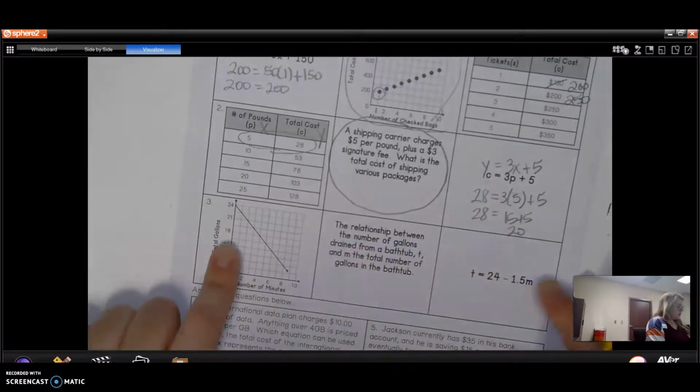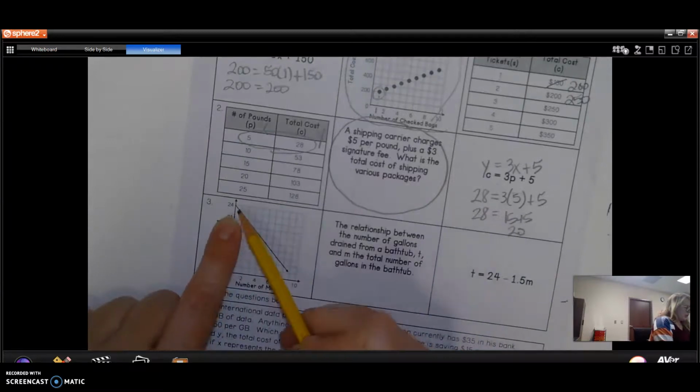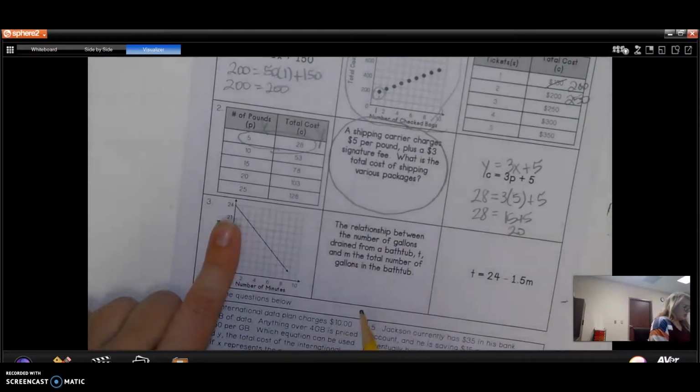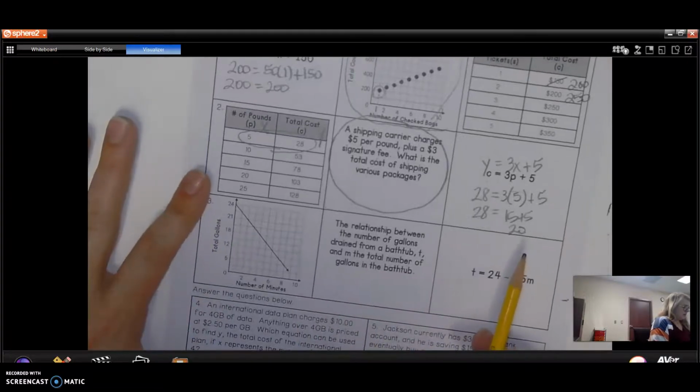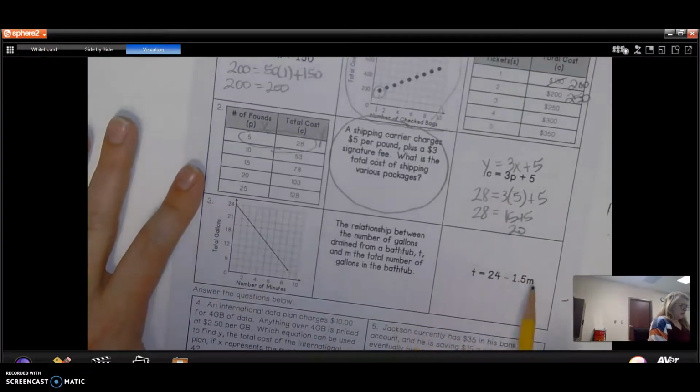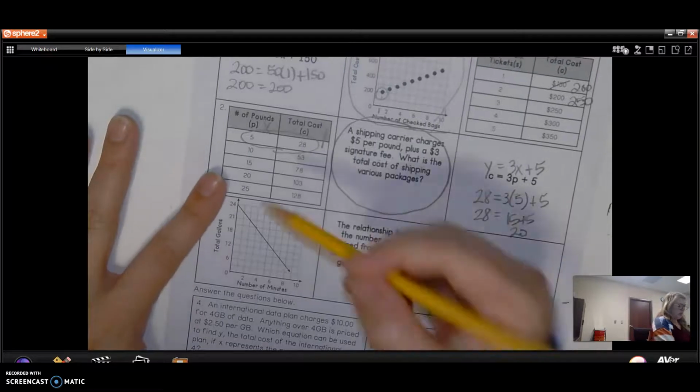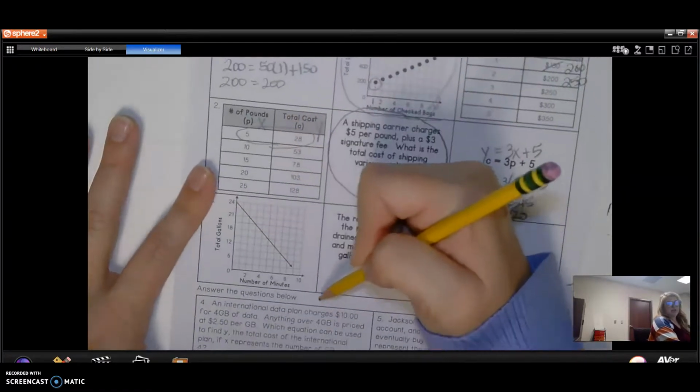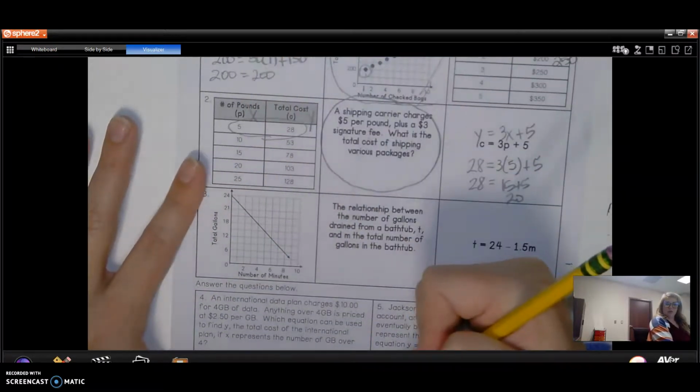So for the next one, our initial value looks like it starts at about 24, and then we might go down 1.5, and we know that this is a negative correlation because it's going downward.